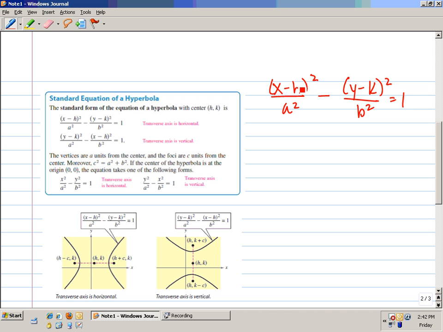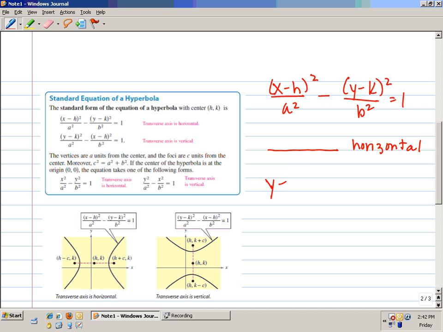So if you notice, this says the transverse axis is horizontal, which means it would run along the x-axis. Horizontal. There you go. So if you look up here, and notice, x is positive, y is negative. So the positive value is our transverse axis.